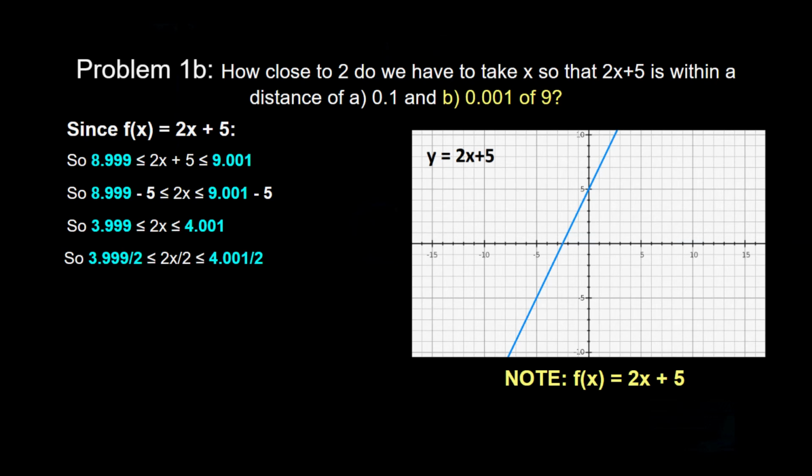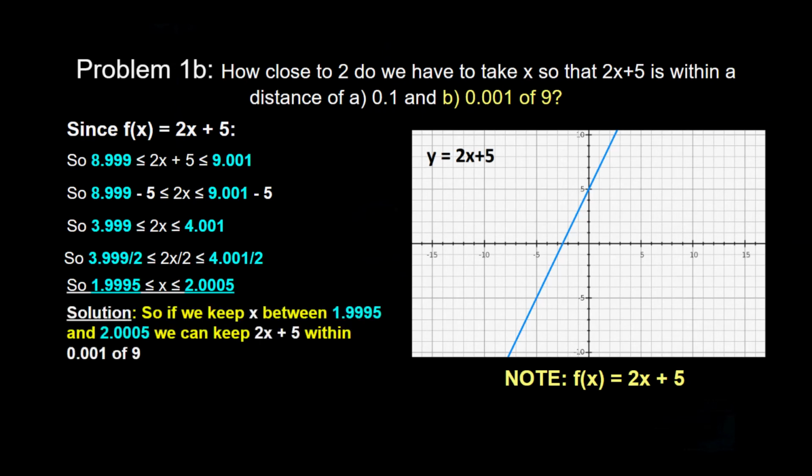We divide each side by 2, and now we have x: 1.995 is less than or equal to x, which is less than or equal to 2.005. So if we keep x within this range, we can keep f of x within a distance of 0.001 of 9. And that's what our solution says.